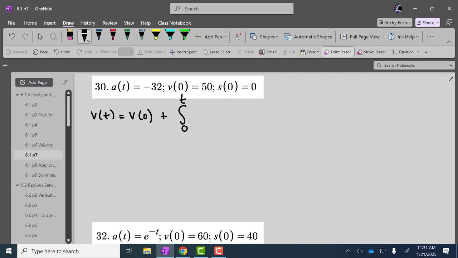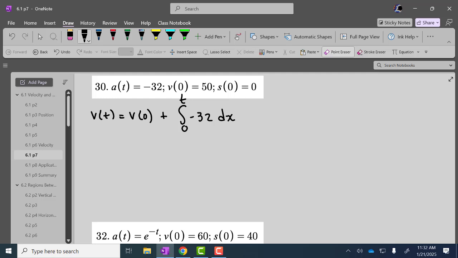That's some t in the future. Now we want to integrate v prime, which has a name, a. And we need a variable for the integration. We've already used t, so we can't use t, so we just pick our favorite letter. We'll just use x.